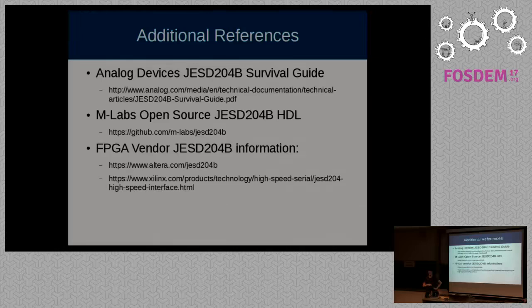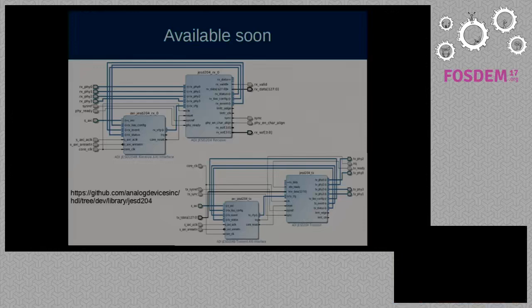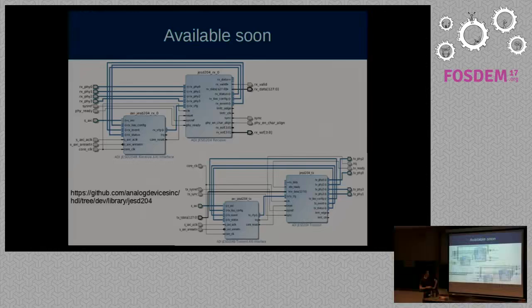They provide an open source core. This one will also be available soon. It's something we've been working on. It's the complete transmit and receive cores implemented in an FPGA vendor independent way. It's not quite ready yet, but it will appear on our GitHub repository in the next 2 weeks.